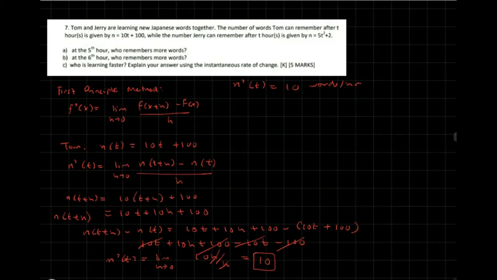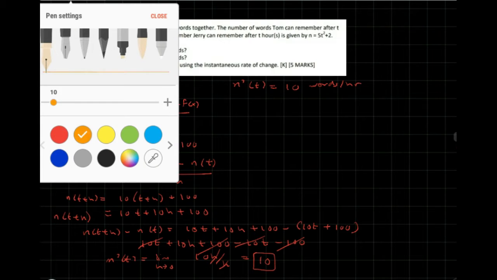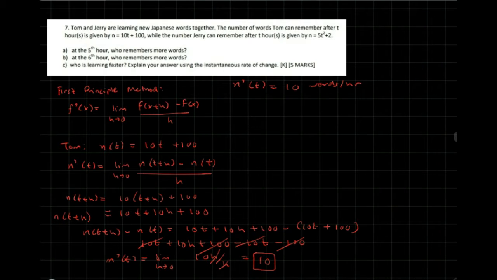Now if we're looking at Jerry, we'll do Jerry in blue. Jerry's equation is given by n(t) = 5t² + 2. n is the number of words after t hours. To find the instantaneous rate of change, n'(t) is the limit as h approaches 0 of n(t + h) minus n(t) over h.